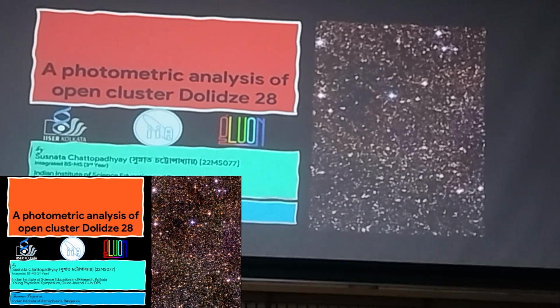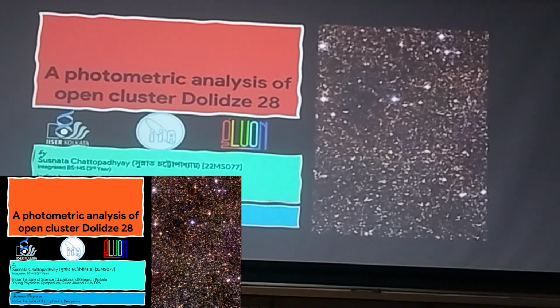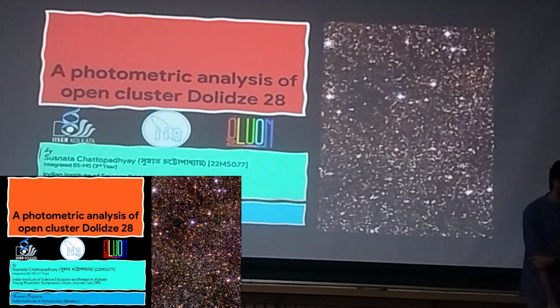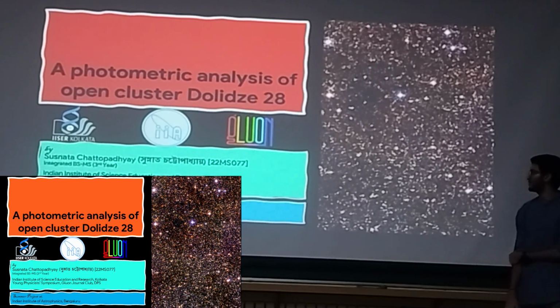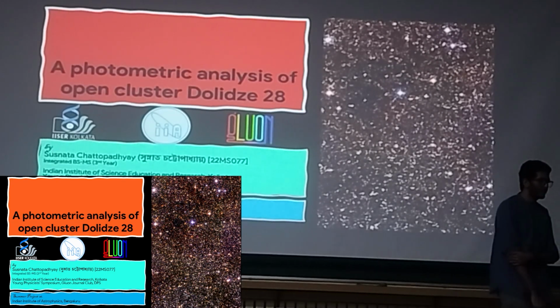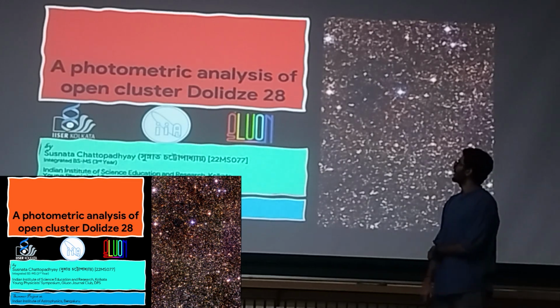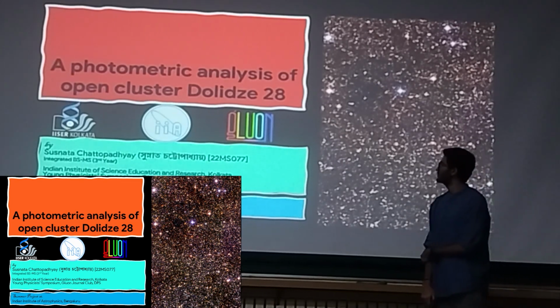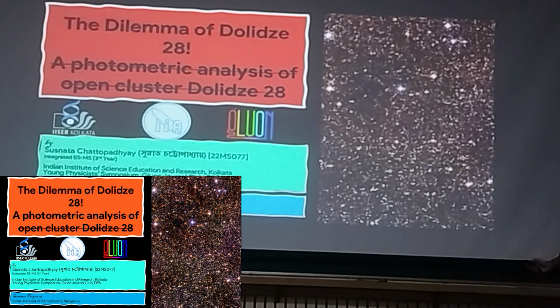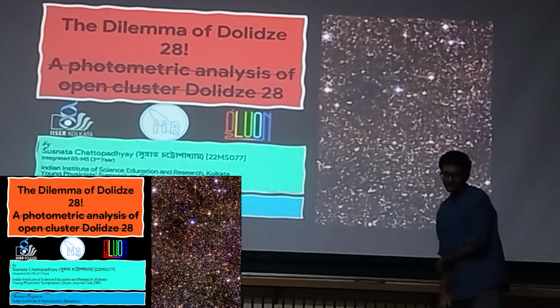So, my name is Usman Chattopadhyay and I am a third year BSMS student. I did my project at the Indian Institute of Astrophysics, Bengaluru. The original title of my project was a photometric analysis of an open cluster, Dolidze 28. But it turned out to be the dilemma of Dolidze 28.